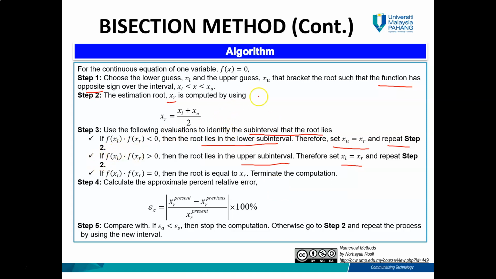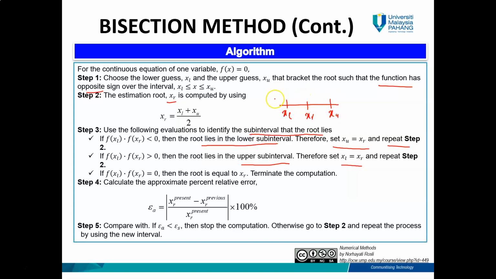For case number 1, for example, here we have this graph, where f(xl) times f(xr) is less than 0. So here is xl, here is xu, and here is xr.